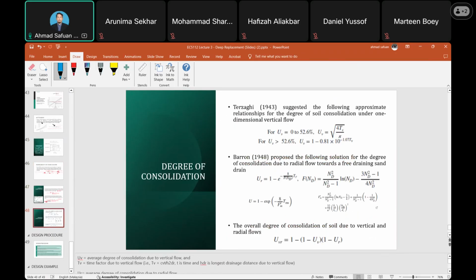So from there we can work out to determine the UV.